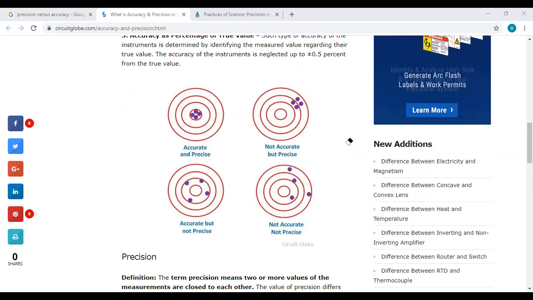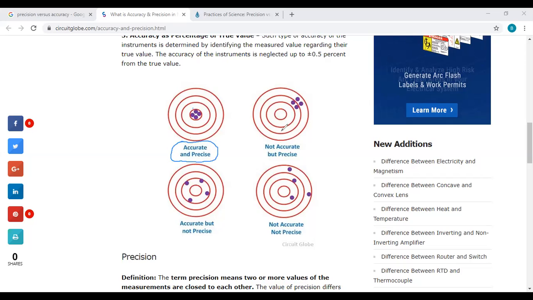Basically our aim is to mark the dots at the center. The accurate value will be when you put the dot in the center. These four values are very close to each other, and they are also inside the circle, so they are accurate and precise. Got it? Clear?